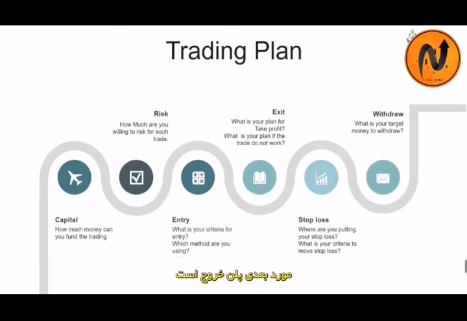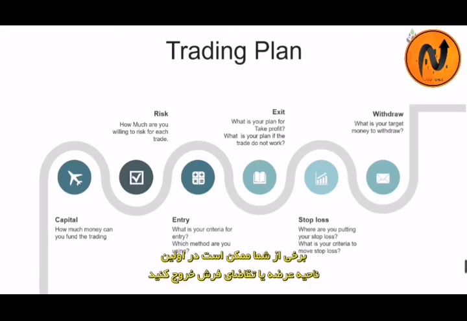Next we'll talk about the exit plan. Where do you want to take your profit? Some of you might take your profit at the previous high or previous low. Some of you might take profit at the next fresh supply zone or fresh demand zone.